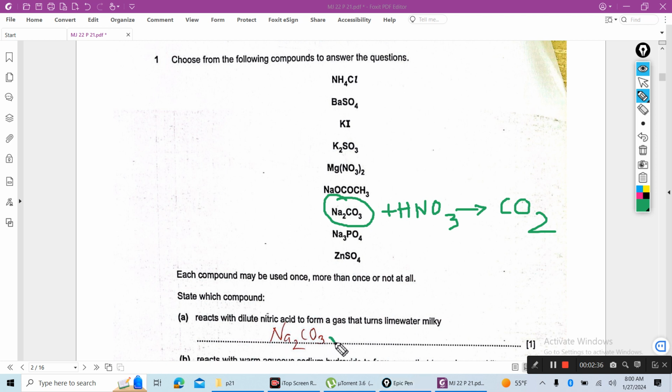So the answer will be sodium carbonate. To any carbonate salt, if you add acid, salt plus carbon dioxide plus water is produced. If you pass carbon dioxide through lime water, it turns milky.